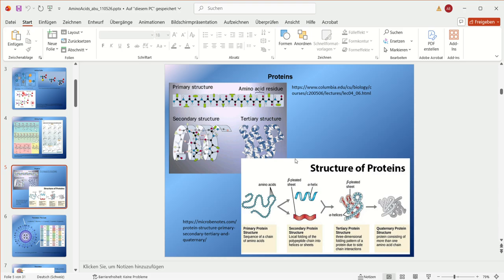With the letters, I will have to talk about the code later. First, a short side issue. For protein, there's a primary structure, a secondary structure, a tertiary structure, and even a quaternary structure.